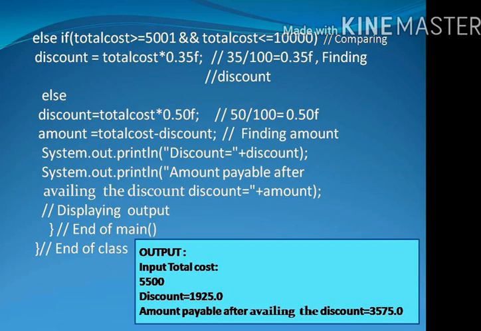The next statement is amount = totalCost - discount.